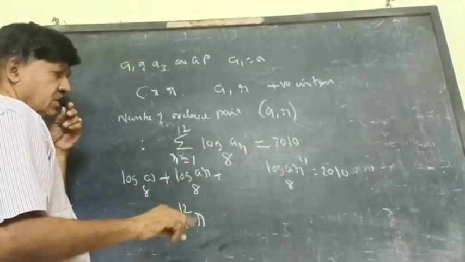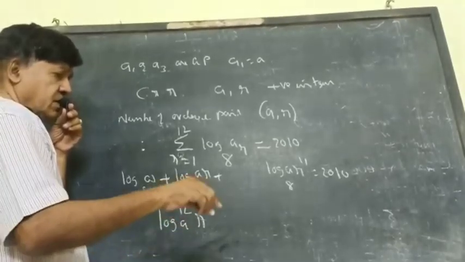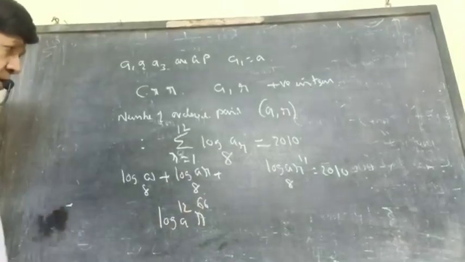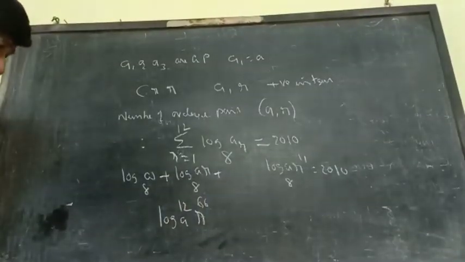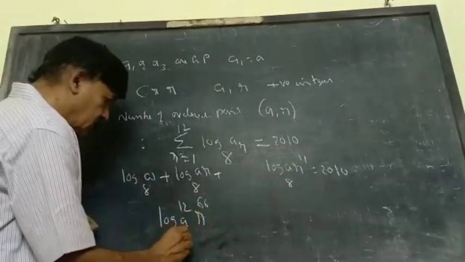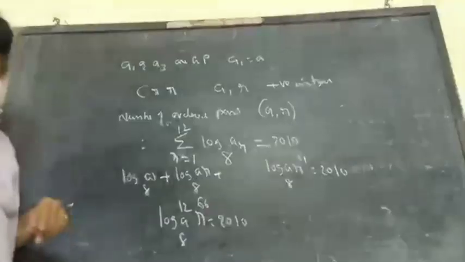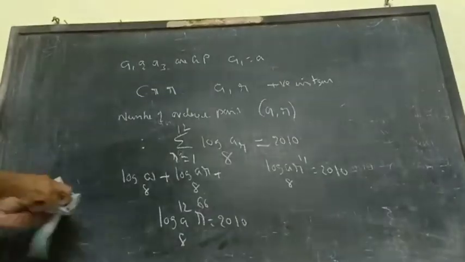So 1 plus 2 plus 3 up to 11 is what? 11 into 12 by 2 means what? 66. 11 into 12 by 2, 66. To base 8 is equal to this. Okay, understood?